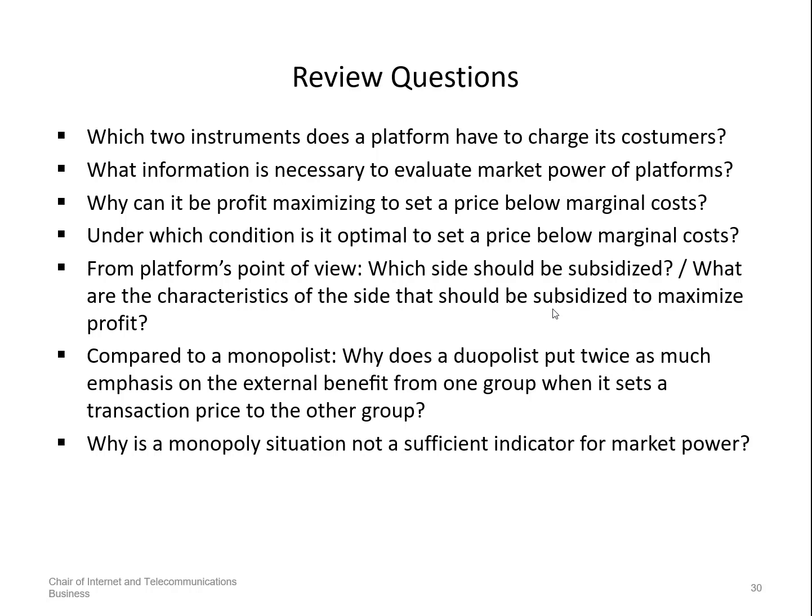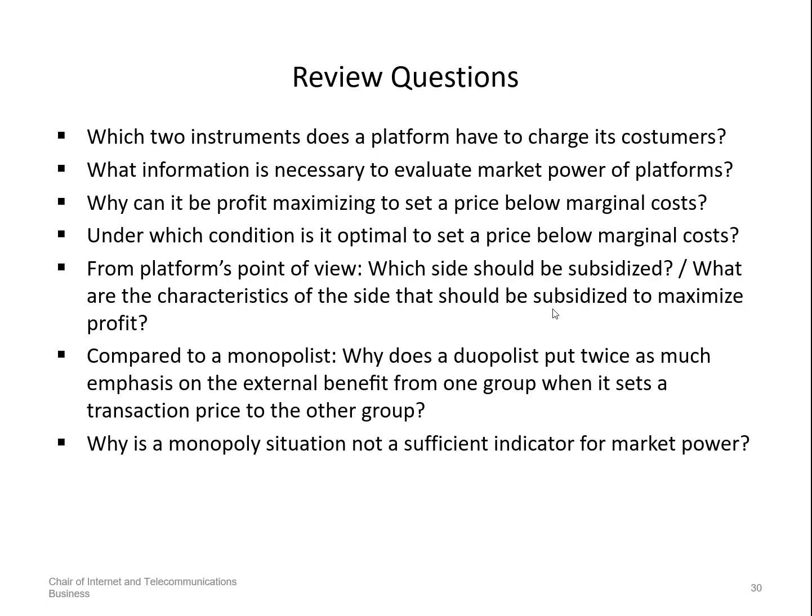Some important review questions are: which two instruments does a platform have to charge its consumers? What information is necessary to evaluate market power of platforms? Why can it be profit maximizing to set a price below marginal costs? Under which platforms is it optimal to set a price below marginal costs? Next, from the platform's point of view, which side should be subsidized?